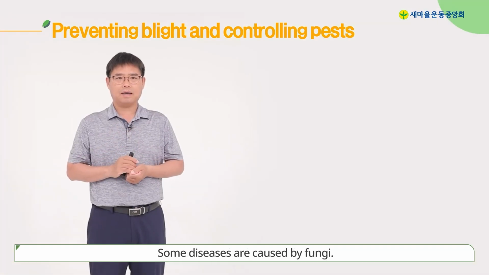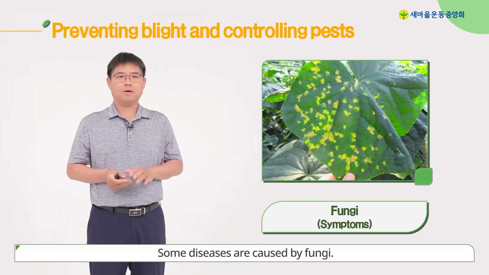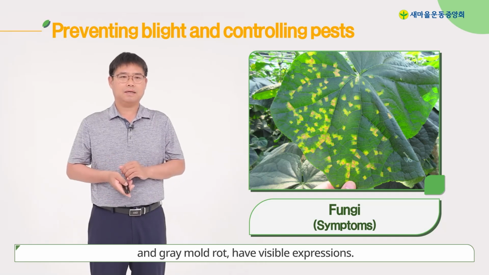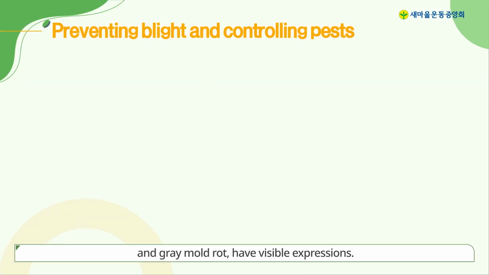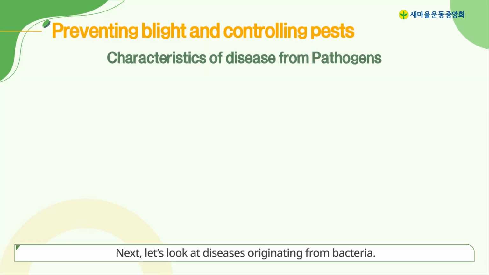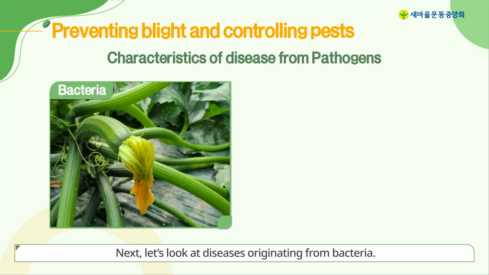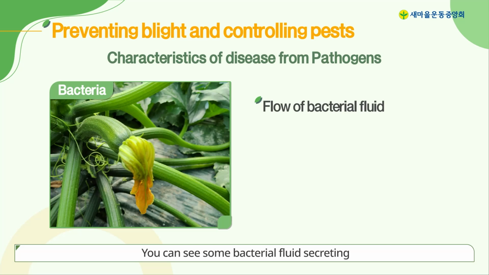Some diseases are caused by fungi. Most of these fungal diseases, such as rust, powdery mildew, and gray mold rot, have visible expressions. Next, let's look at diseases originating from bacteria. You can see some bacterial fluid secreting and a band forming around the lesion.